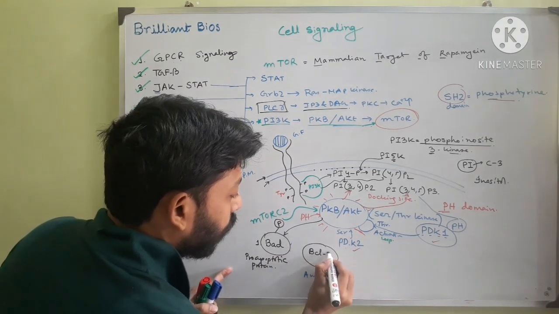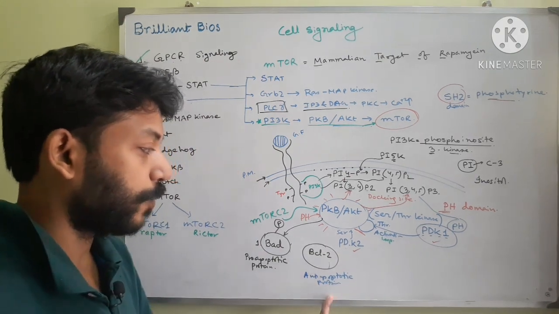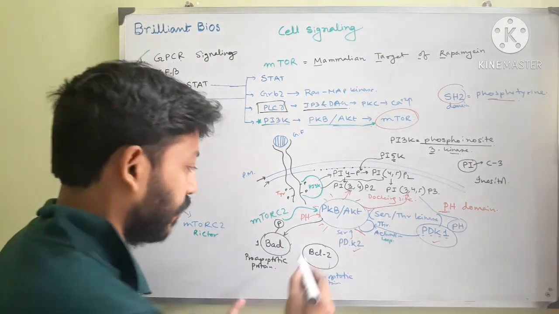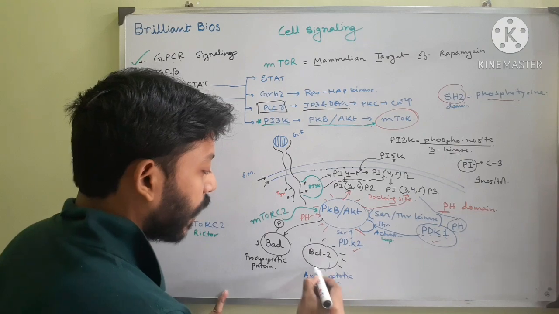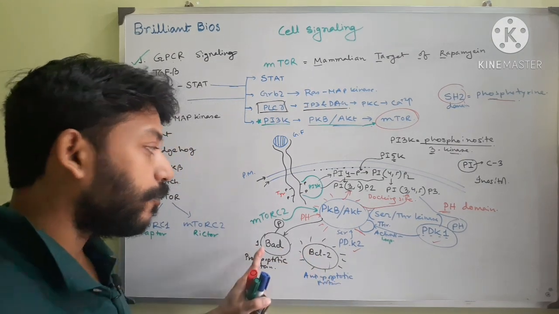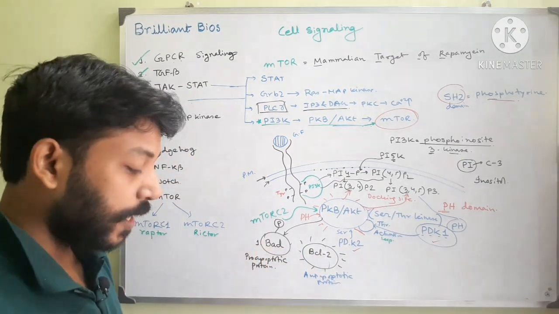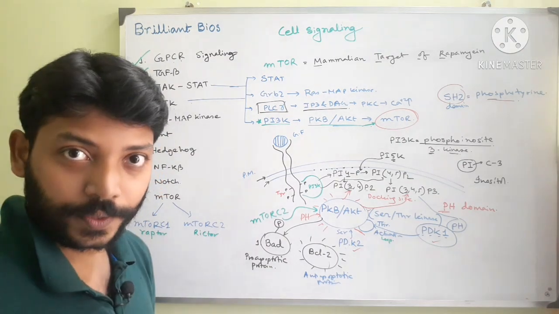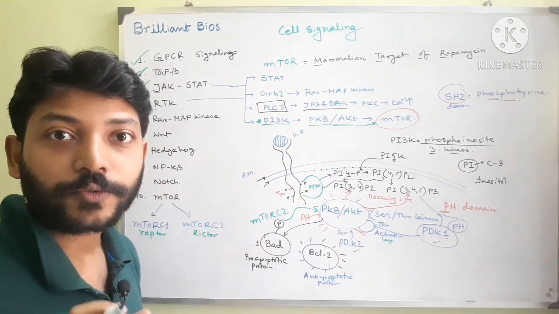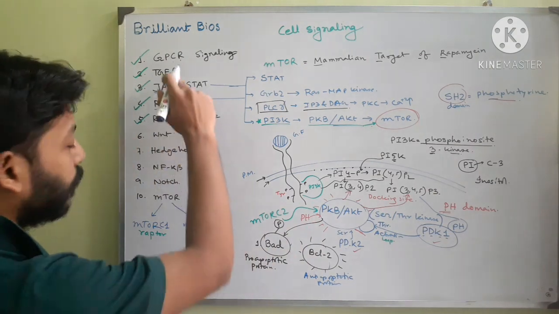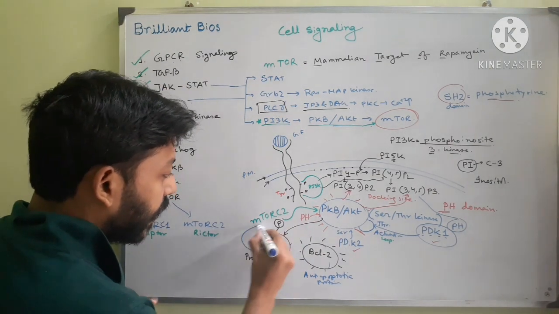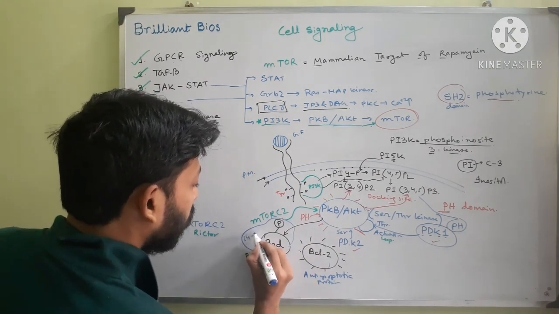BCL2 family proteins, the anti-apoptotic proteins, become active when not associated with BAD. And when BAD gets phosphorylated, it is also captured, or sequestered, by a protein called 14-3-3, as I mentioned in my previous class.